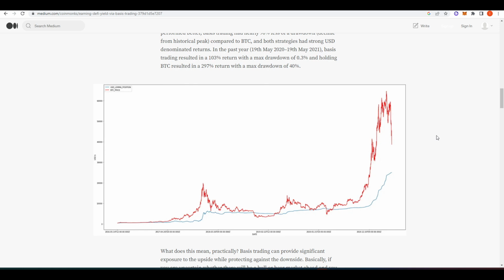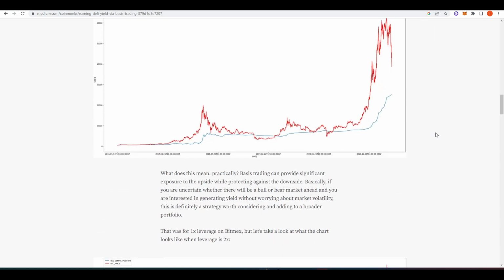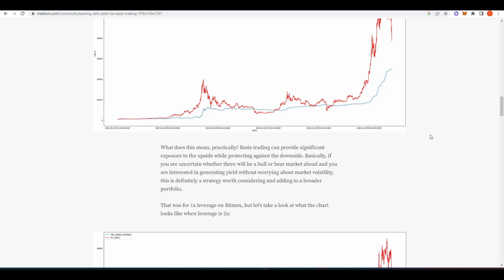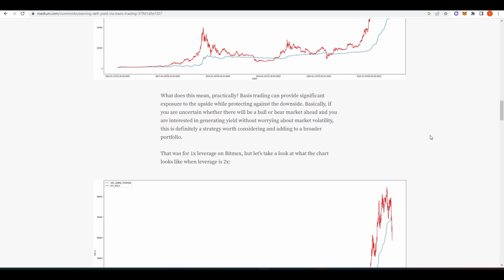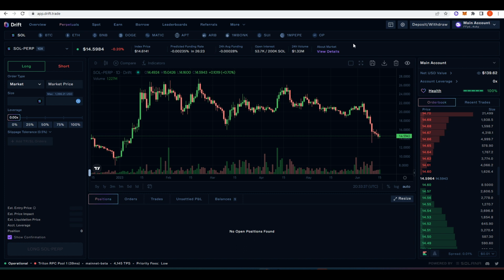But there's only going to be a few places where you'll be able to execute the 2x leverage basis trading strategy. So again, a lot of these centralized exchanges will probably let you do it. Like Binance, for example, you can use Bitcoin or Ethereum as collateral. Same as with BitMEX as well. But in terms of DeFi, not that many places actually allow you to use exotic collateral.